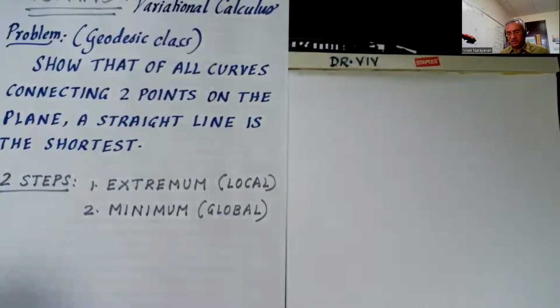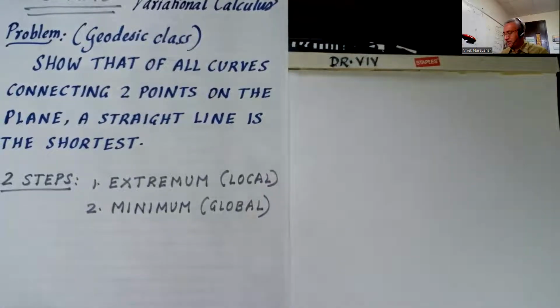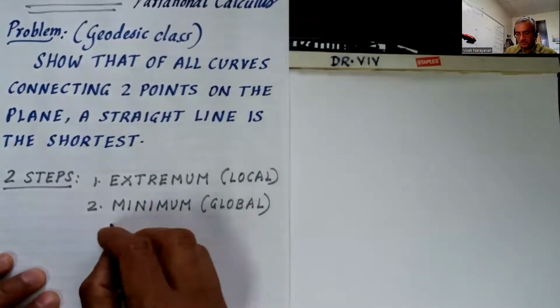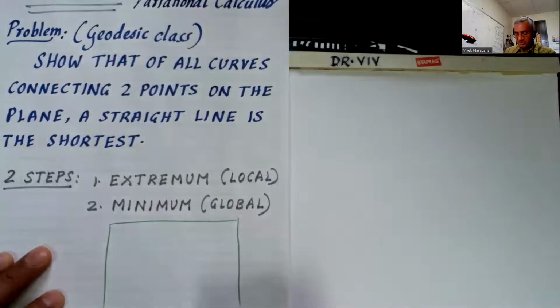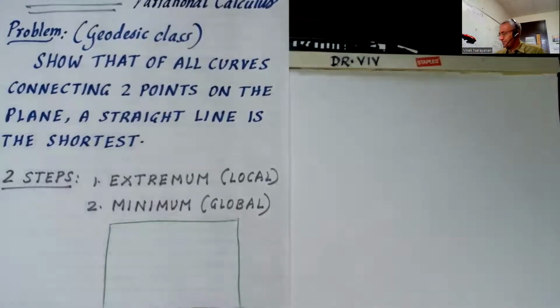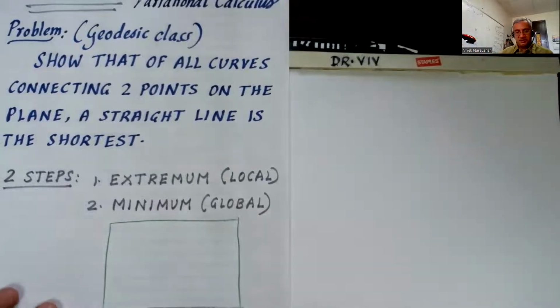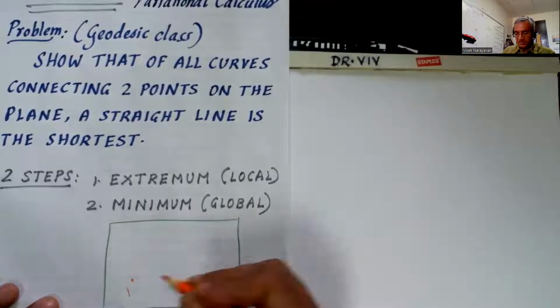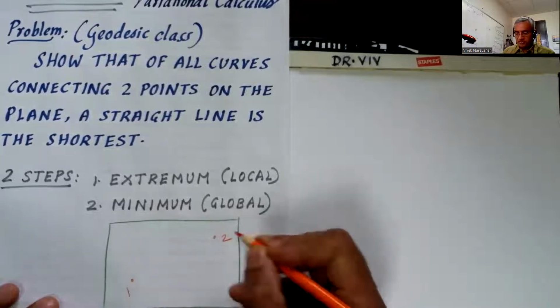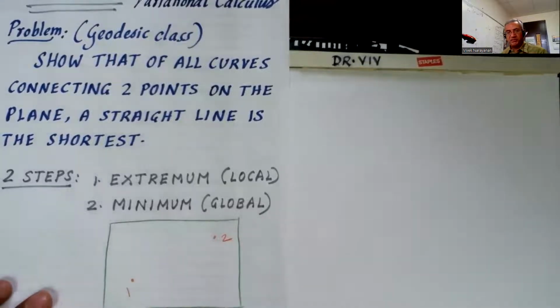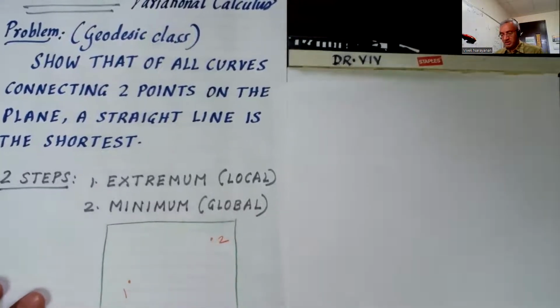We have to look at a portion of the plane. I'll just draw it as a rectangle. And we have point 1 here, point 2 there. Now, for the moment, we do not know that the answer is a straight line.